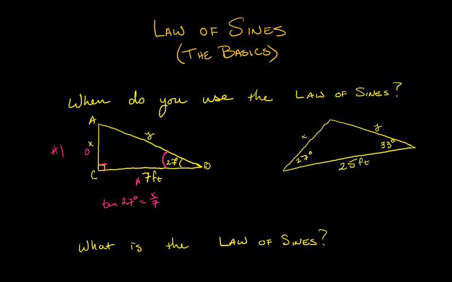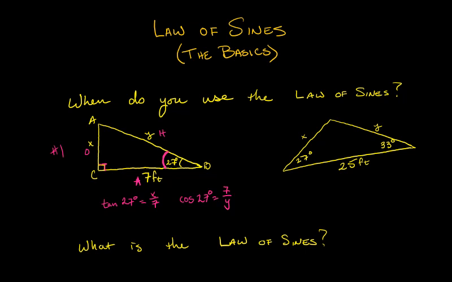I could also say that y is the hypotenuse, so using 27 degrees and knowing the adjacent, I could use cosine. Cosine of 27 degrees equals 7 over y. Then I can multiply by y, then divide by cosine of 27 and get my answer. So you can find x and y without any special law.